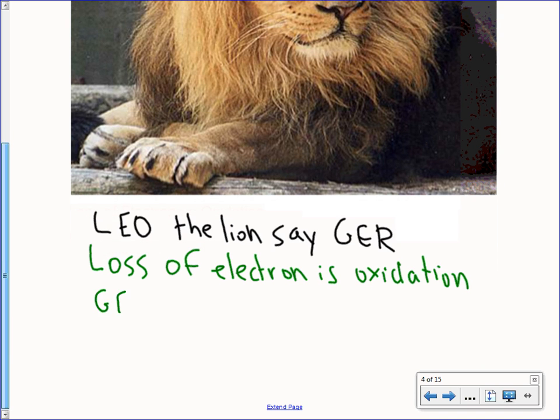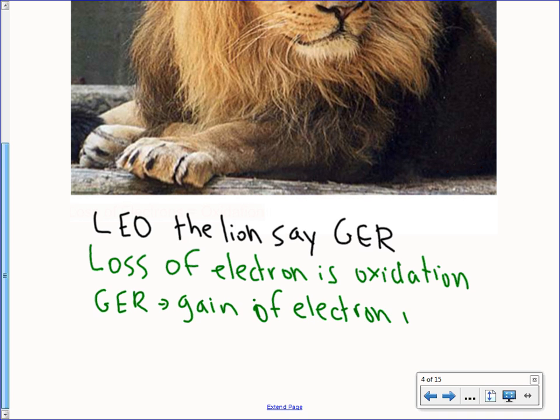And the grr part is gain of electron is reduction. So if you remember Leo the lion says grr, the Leo part is loss of electron is oxidation. The grr is gain of electron is reduction.